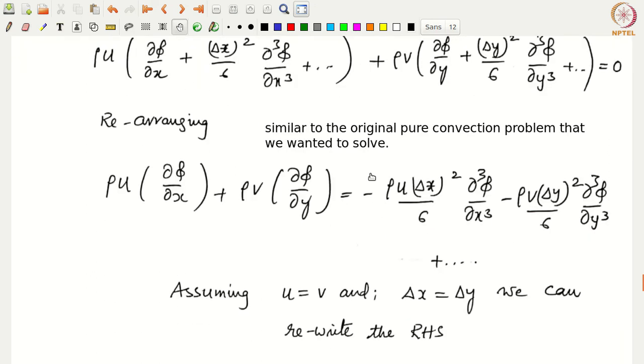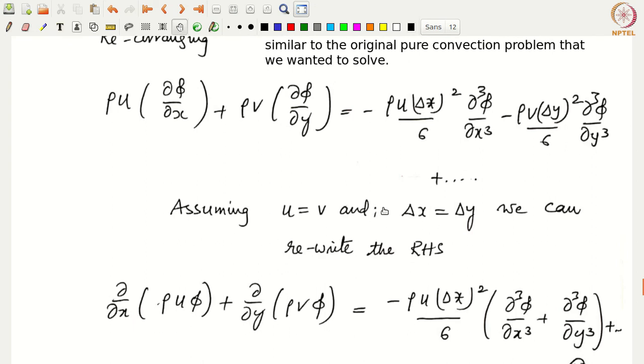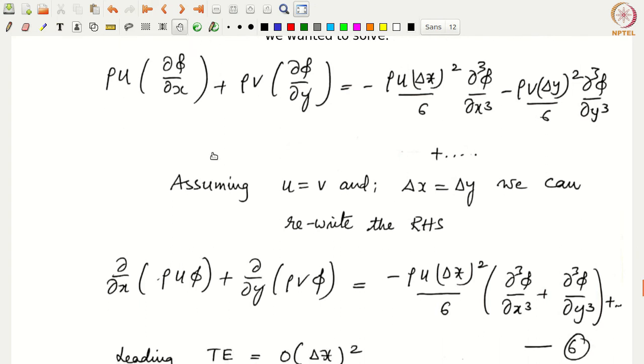All right, let me also assume, again for the sake of simplicity, that u equals v and delta x equals delta y, so that we can rewrite the right hand side. On the left hand side, because rho u and v are constants, we can write it as partial x of rho u phi plus partial y of rho v phi equals, these two being one and the same, minus rho u delta x square by 6 times partial cube phi by partial x cube plus partial cube phi by partial y cube.